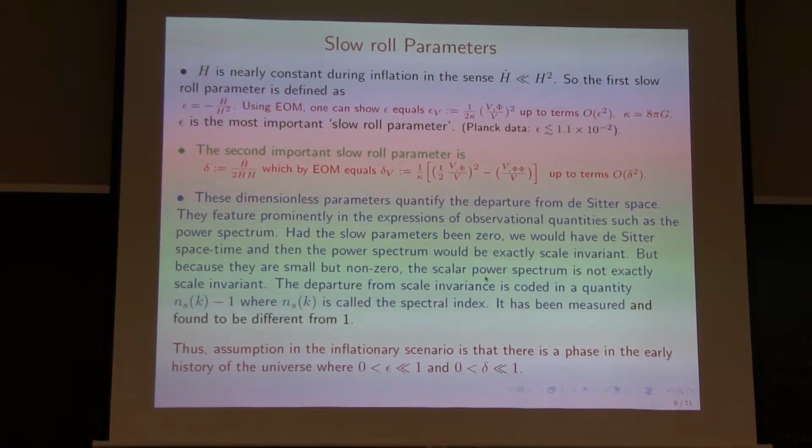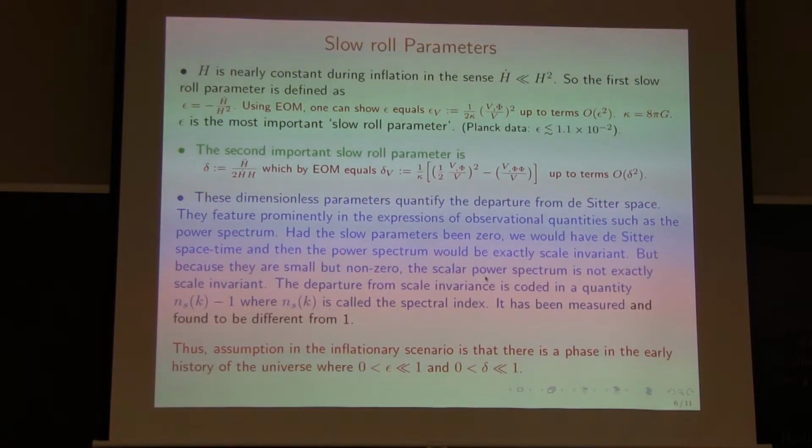So what I have done so far, I told you what the assumption is for the inflation, that there is an inflaton rolling down the potential very slowly, and then Einstein's equation will imply that there is a near exponential expansion. The reason is that the energy density is nearly constant and pressure is nearly equal to minus the energy density.